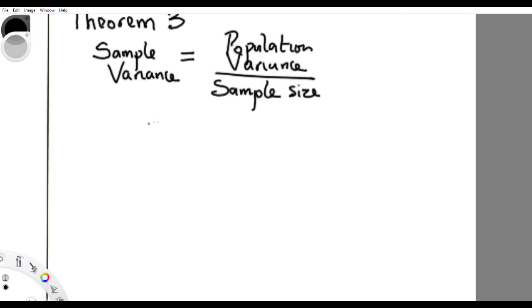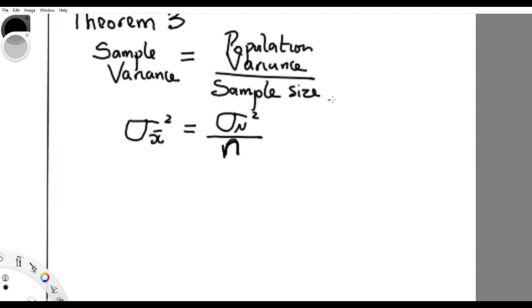And in notation form, the sample variance equals the population variance all over the sample size, which is represented as small n.